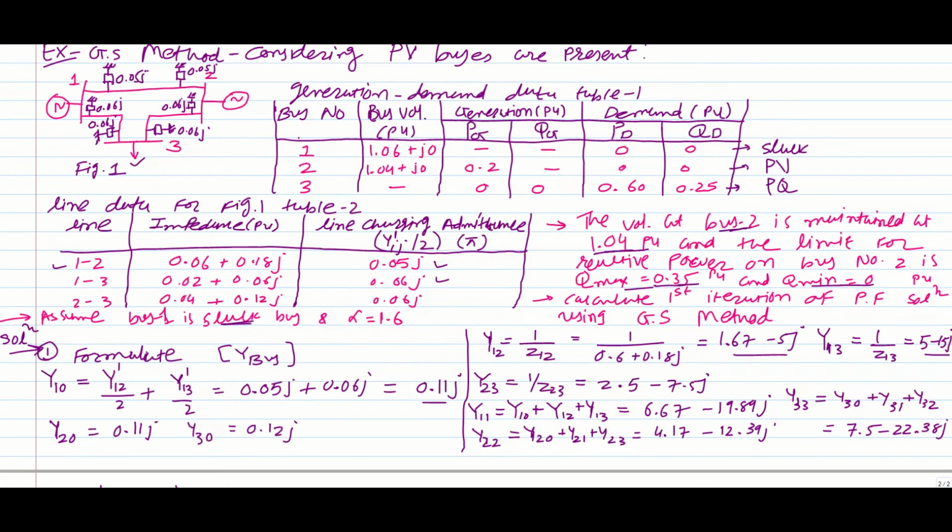Here we have calculated Y12, which is 1.67 minus 5J, so the final answer is minus 1.67 plus 5J.